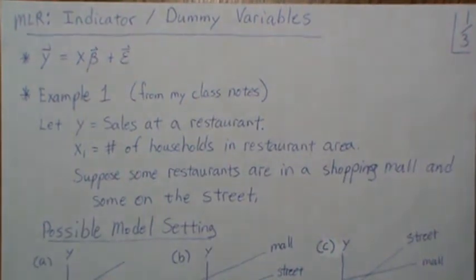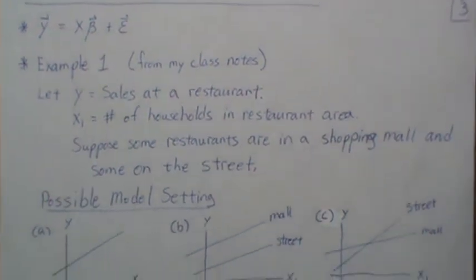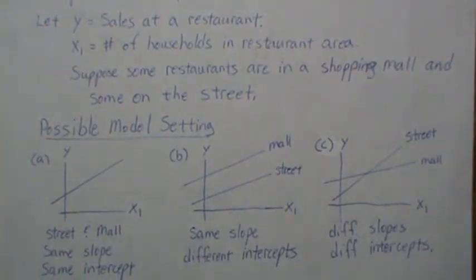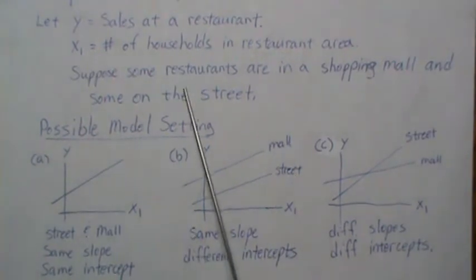And let's suppose that some restaurants are in a shopping mall and then some are on the street. And how would we model these three things? So X1 is number of households, and then we have a variable maybe called location or something like that.